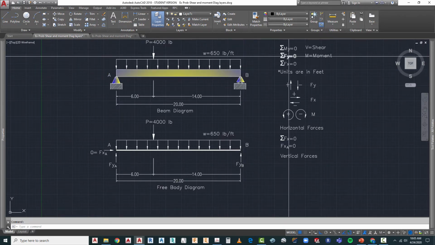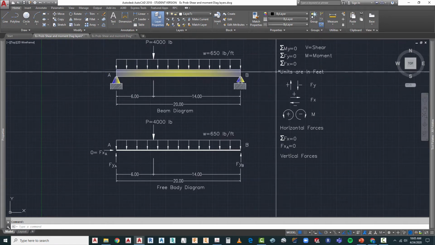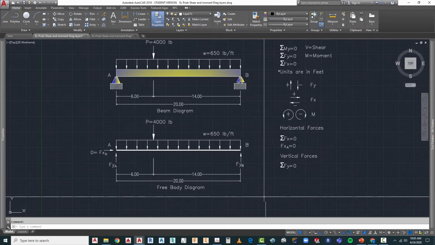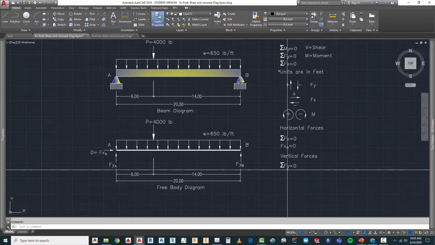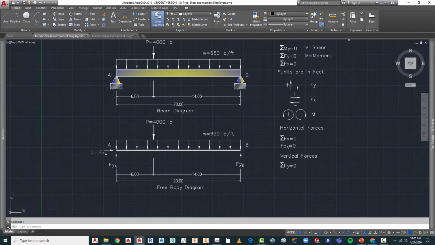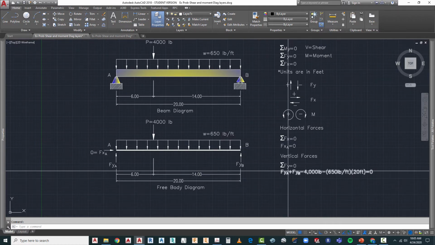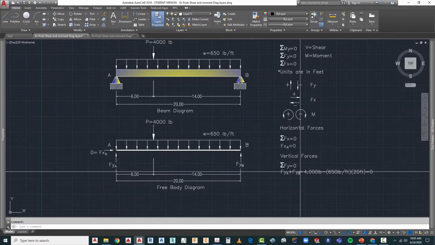So we're going to use our second equation here, which is the summation of forces in the vertical direction. The first thing we need to do is put our symbol down here. Summation of forces in the y direction is equal to 0. The next step is to sum all of those forces that we have in our free body diagram.